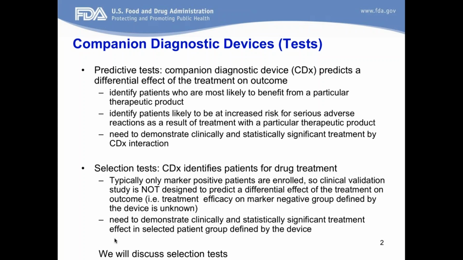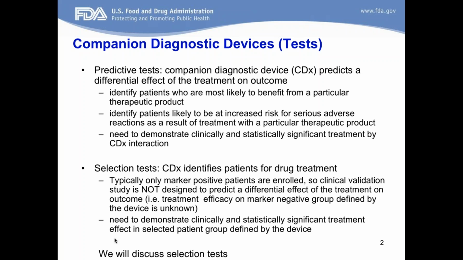This type of companion diagnostic device, or CDx, predicts differential treatment effect on the outcome, for example, survival time. This type of device identifies patients who are most likely to benefit from a particular therapeutic product, for example, a drug.